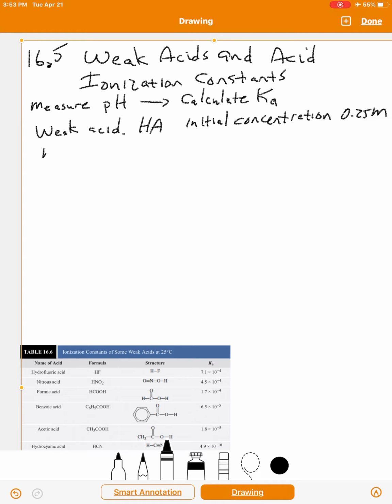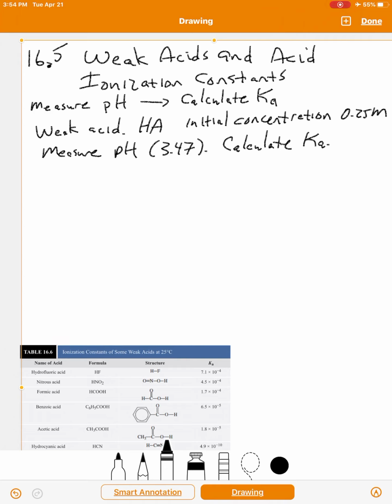And then they measure the pH using a pH probe, and they find it's 3.47. Calculate Ka. Okay, that's the third type of problem. You're given the initial concentration, 0.25 molar. You're told it's a weak acid. You're given the value of the pH, and you go back and calculate Ka.